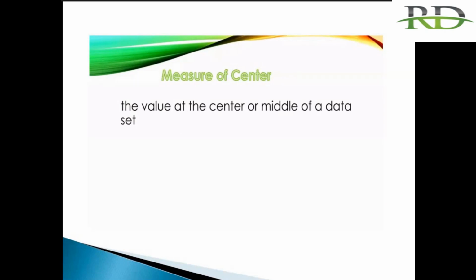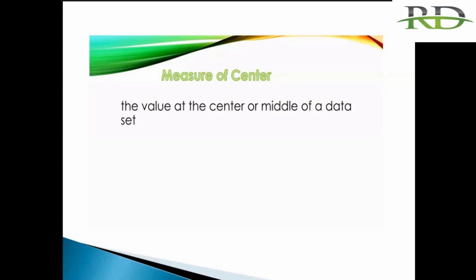See, every data has a tendency to move towards the central value. This tendency of the data is known as central tendency. And the measures which measure this tendency are known as measures of central tendency. These measures are mean, median, mode, quartile, decile, percentile.